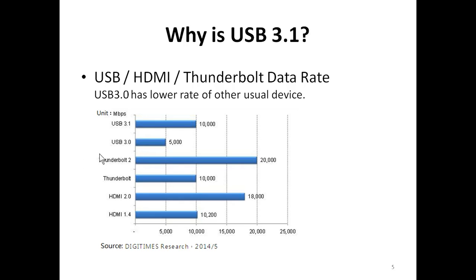Thunderbolt 2 went to 20,000 Mbps, which is humongous. We need at least some USB to cater in between HDMI and Thunderbolt. That is why we have USB 3.1 with 10,000 Mbps.